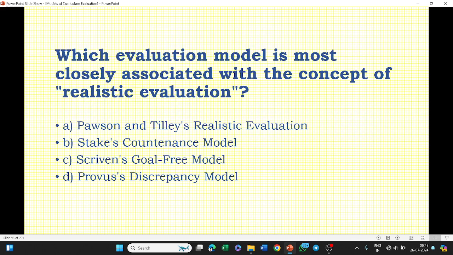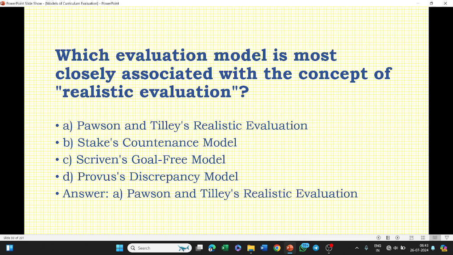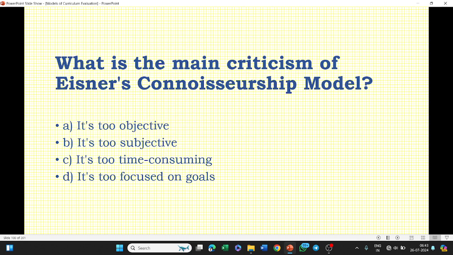Options: Pawson and Tilley realistic evaluation, Stake's countenance model, Scriven's goal-free model, Provus discrepancy model. Answer of this question is option A, that is Pawson and Tilley's realistic model.